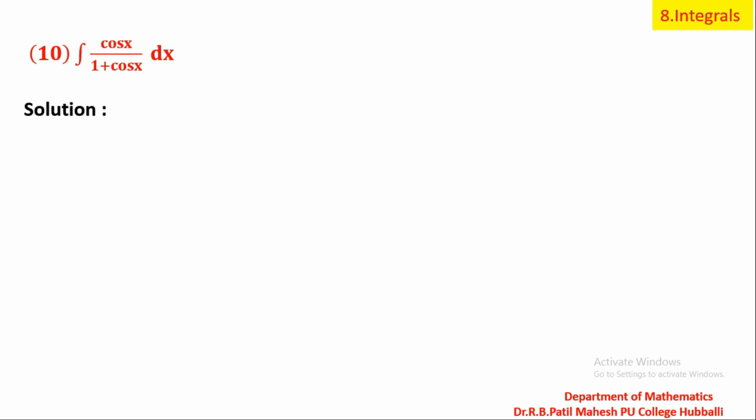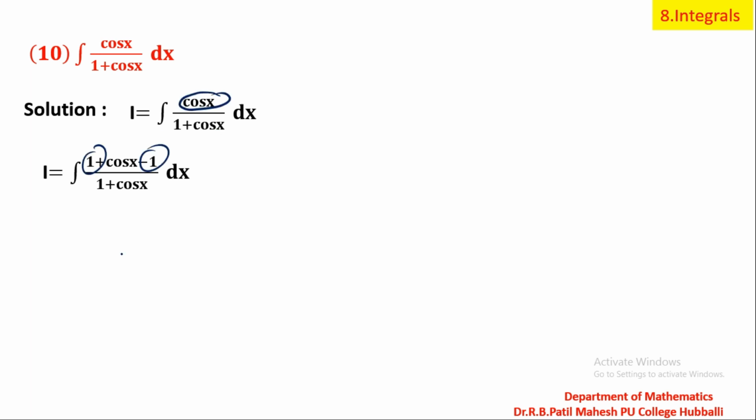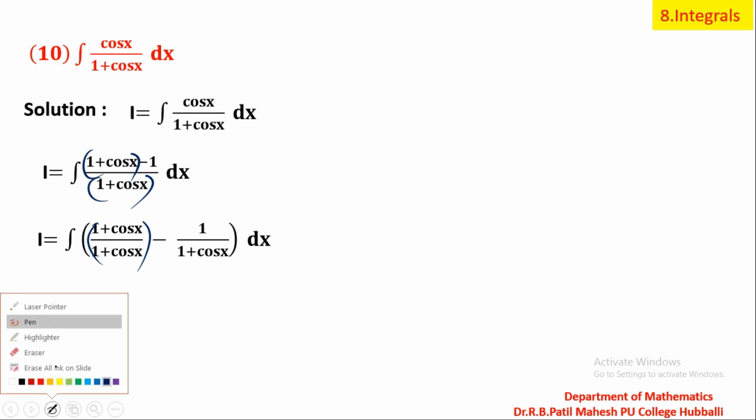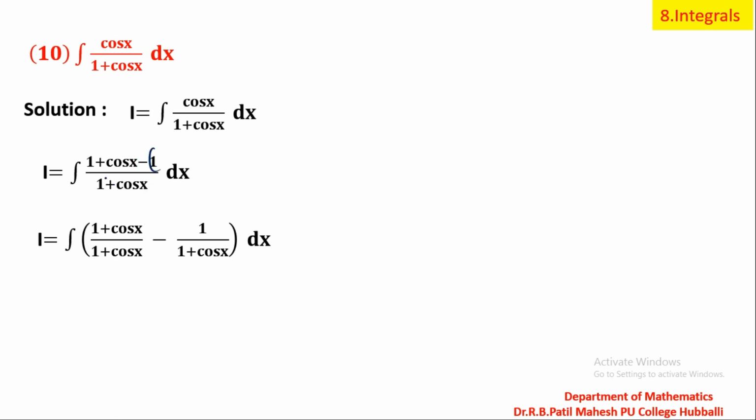Solution: let me take the given problem, I equal to, as it is. Here one of the very important steps I am doing because of trigonometry. To this cos x, add and subtract 1, and in the next step split it: 1 plus cos x upon 1 plus cos x, and one more split, minus 1 divided by 1 plus cos x.